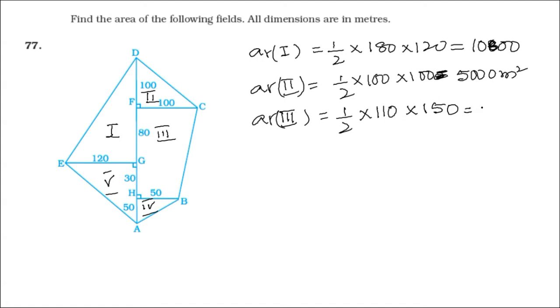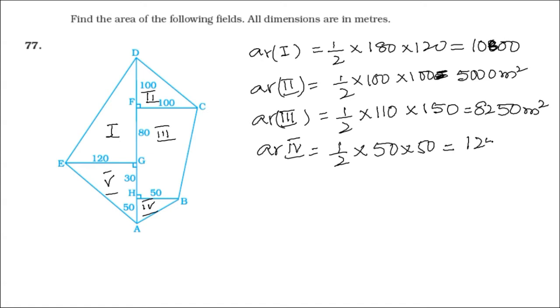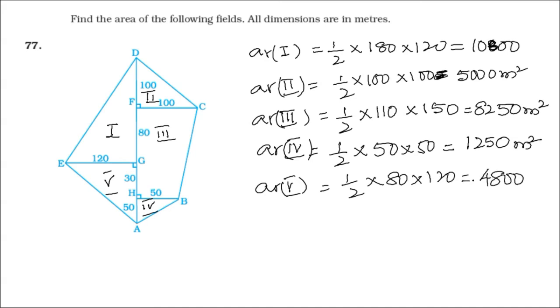On simplification, we get 8250 meter square. The area of the fourth part is the area of the triangle, half into 50 into 50. We get it as 1250 meter square. The area of triangle 5 is half into 80 into 120. This we get as 4800.